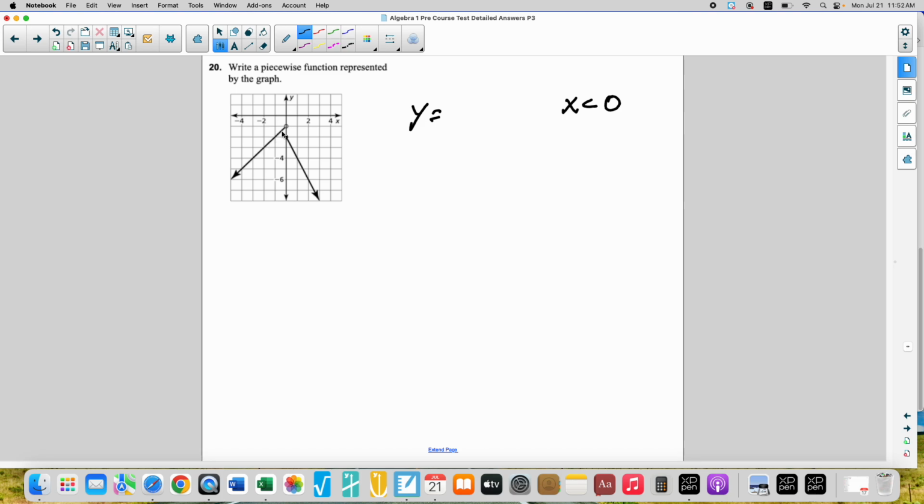Well, that has a slope of +1, sorry, and it has a y-intercept of -1. So as x is less than 0, we're going to use this formula. And it actually is written like this.